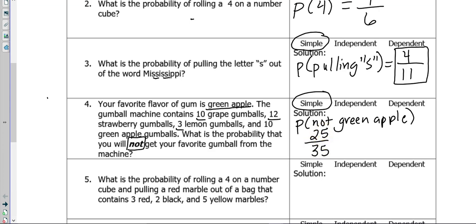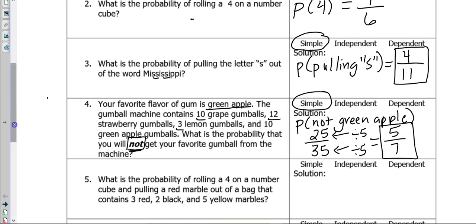So 25 out of those 35 gumballs are not green apples, so we can use our probability by looking at our favorable event, which is not green apple, out of our total number of gumballs, which is 25/35. We're going to simplify this by dividing our numerator and our denominator by 5, and I get 5 out of 7. So it's really important that you take a look at this word not.